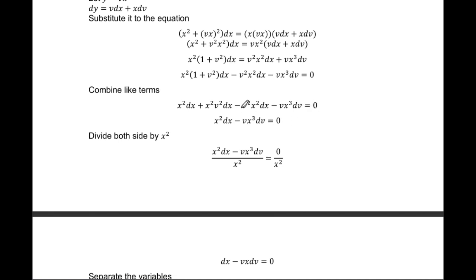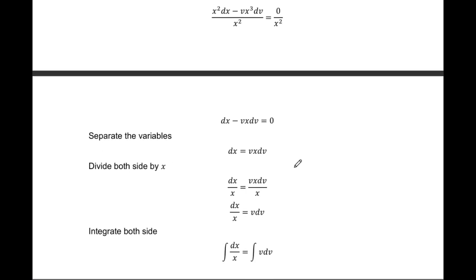Combining like terms, the x squared v squared dx terms cancel. So we only have x squared dx minus vx cubed dv is equal to 0. Next is to divide both sides by x squared. So we have dx minus vx dv is equal to 0.